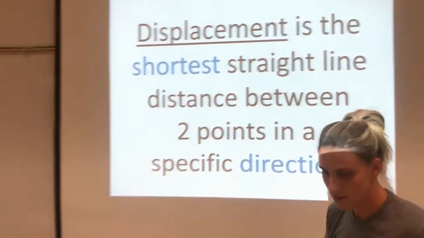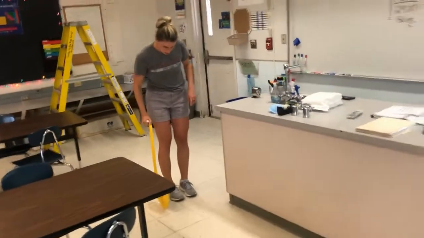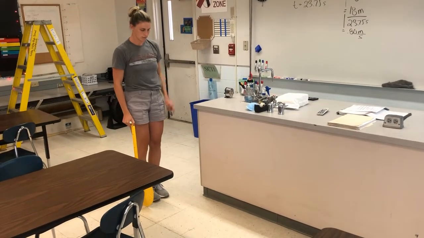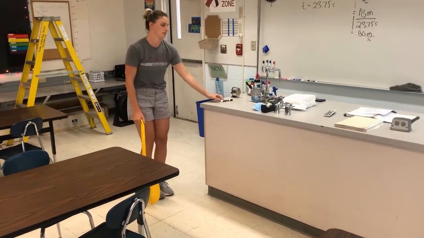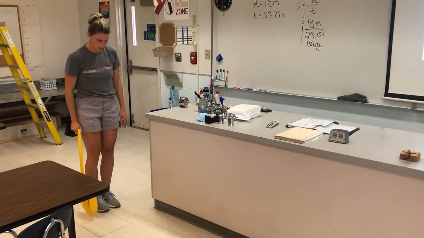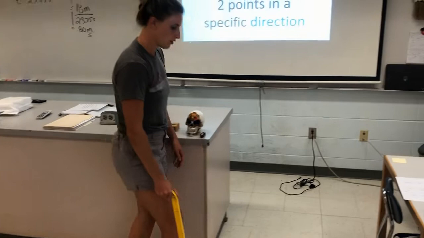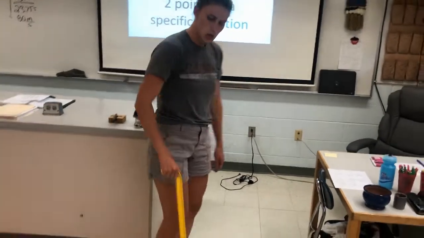Before I talk about this, I'm going to use my trundle wheel, and I'm going to walk from here to there without the marker. Okay, 1, 2, 3, right there.